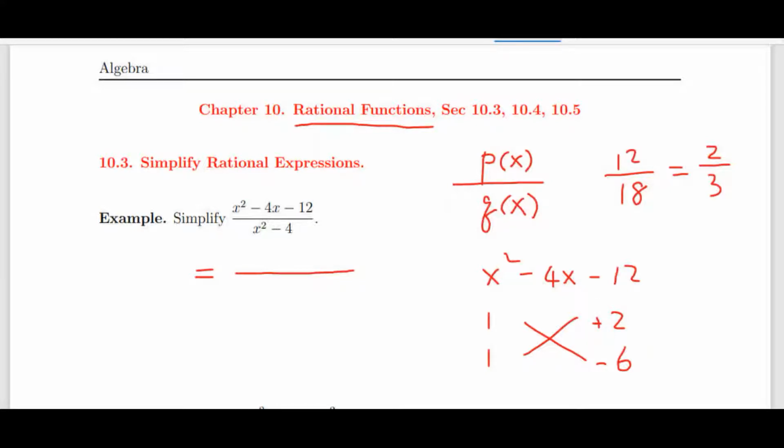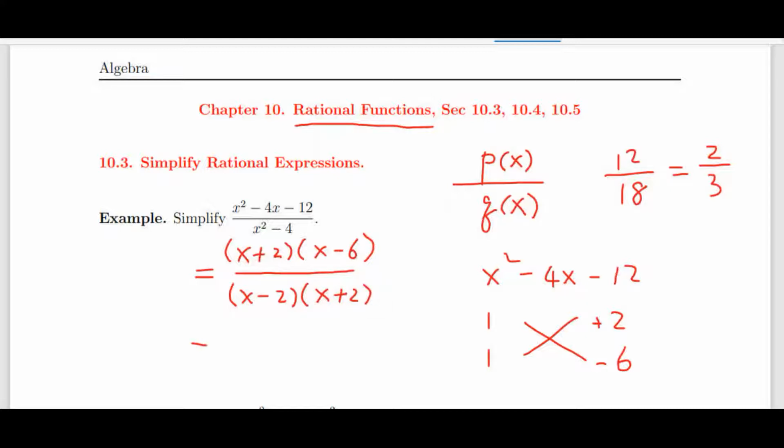So x squared minus 4x minus 12 can be factored as x plus 2 and x minus 6. The denominator x squared minus 4, we know this one can be factored as x minus 2 and x plus 2.